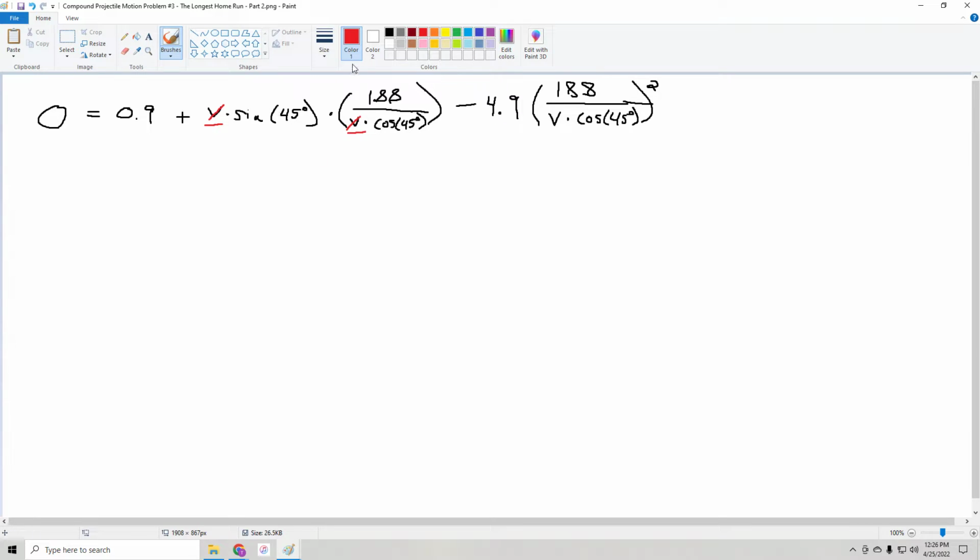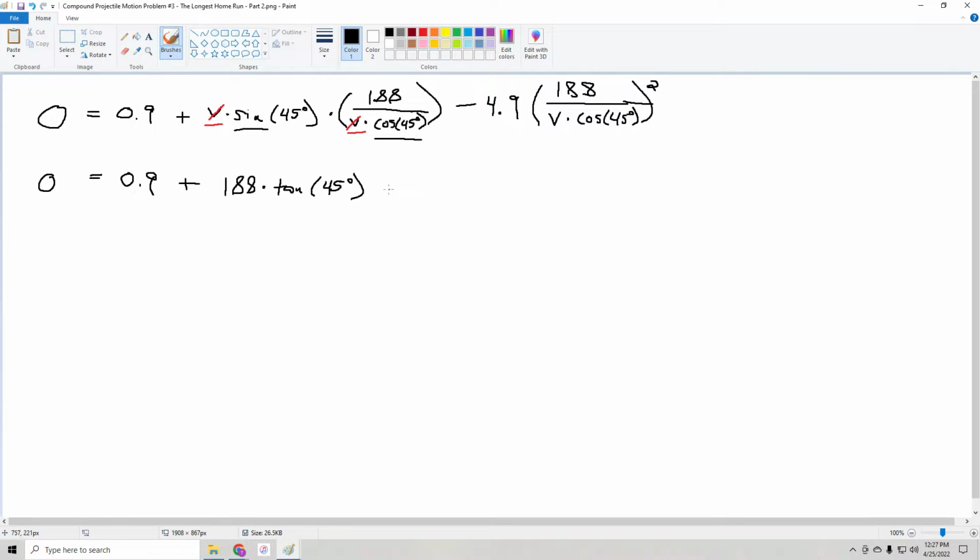Additionally, notice that we have a sine of 45 degrees in the numerator and a cosine of 45 degrees in the denominator, which we can rewrite as 0 equals 0.9 plus 188 times the tangent of 45 degrees.